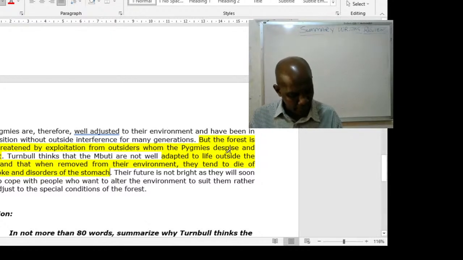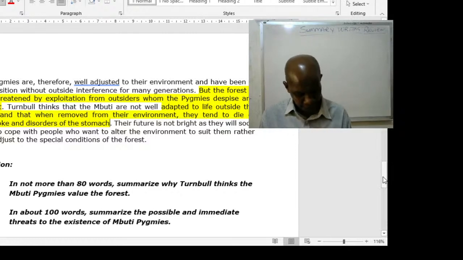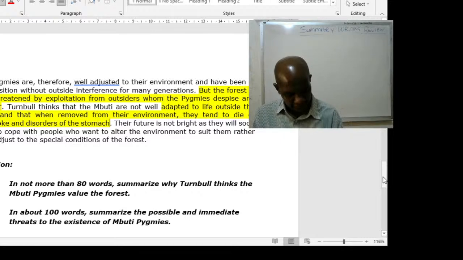Then remember, in the same passage you were told, this paragraph is telling us that they were deriving their food from the forest. Remember that the Mbuti were said to be hunters and gatherers, and whatever they hunted and gathered was from the forest. So all the foods, all the animals, the plants, the herbs that they ate are from the forest.